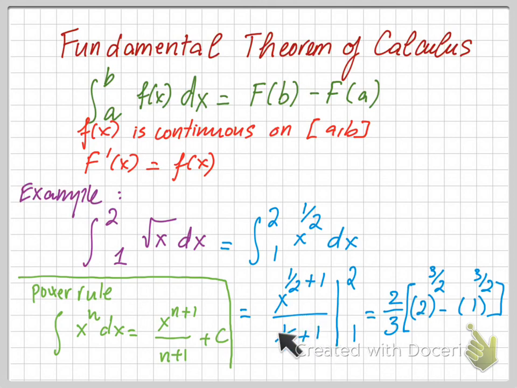So 1/2 plus 1 down here is 3/2. And if I bring it up, I flip it and take the reciprocal of 3/2, which is 2/3. And then for the x here, I replace it with 2 as the upper bound, 2 to the 3/2, and I subtract 1 raised to 3/2.